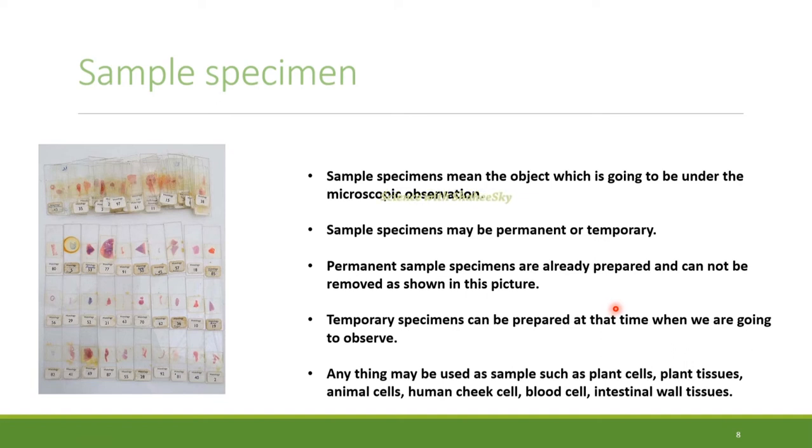Temporary sample specimens can be prepared at the time of observation. Anything may be used as a sample, such as plant cells, plant tissues, animal cells, human cheek cells, blood cells, intestinal wall tissues. The picture illustrates the sample specimens we can observe in our school laboratories.